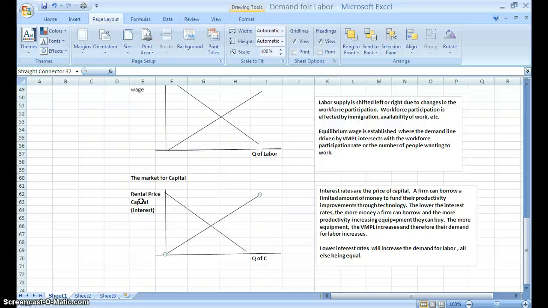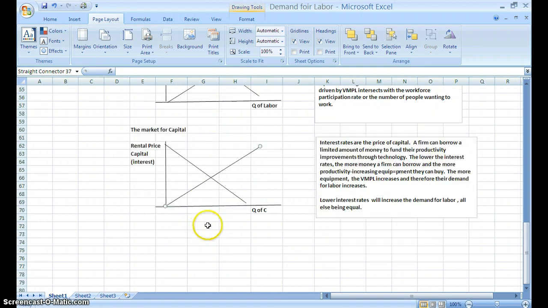And when that happens, my value of marginal product of labor increases, and so my demand for labor will increase. So when interest rates go down, the demand for labor goes up. So it's an indirect effect. So that's kind of how the two work.